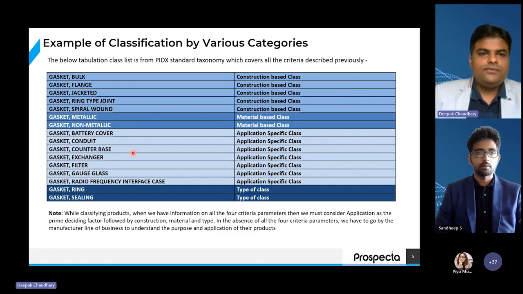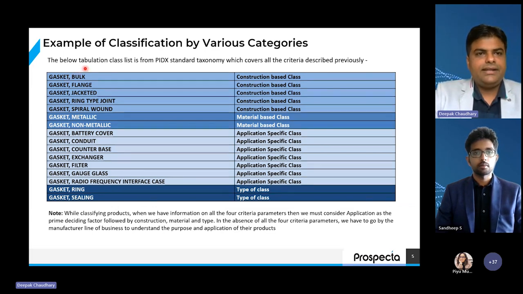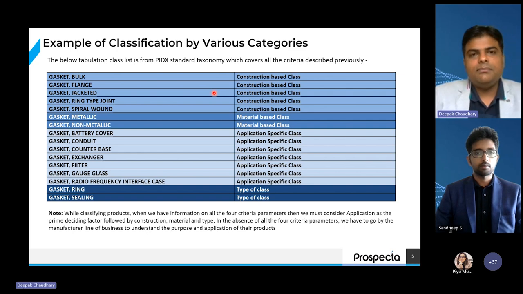And if I need to show you a few examples, here you can see an example for a gasket, which is one of the most commonly used spare parts or consumables across the industry, right? This has come from the PIDEX standard taxonomy. PIDEX is basically one of the industry standards mainly for the petrochemical and oil and gas industries.